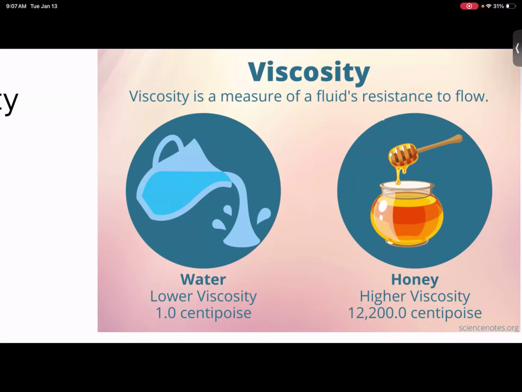Now, why does honey have a higher viscosity? Because it has more hydrogen bonding. It has multiple locations where hydrogen bonding can occur. So honey is more viscous because it has the greater intermolecular forces, because it has more hydrogen bonding locations.